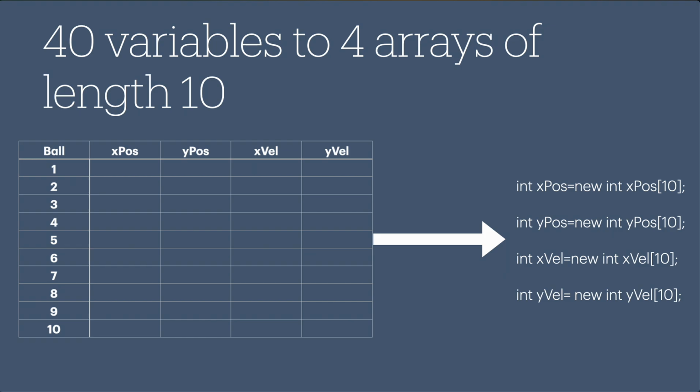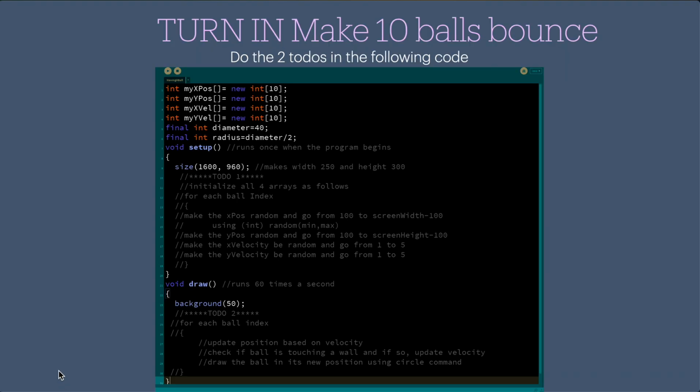And if we use the for loop in interesting ways, we can actually populate these things and then update these things just like we did with 1 ball and 2 ball. There really isn't that much of a difference. Let's look at some code where we can accomplish this. So I have a turn in here, and it says do the to-dos in the following code.